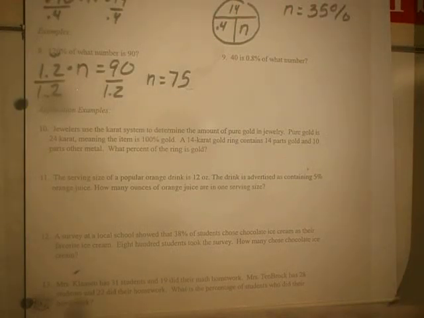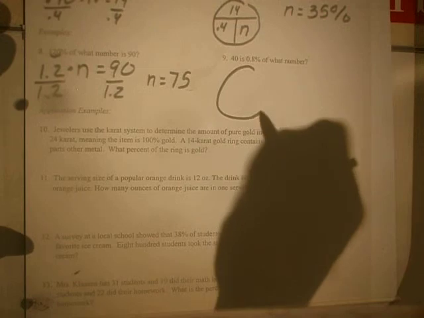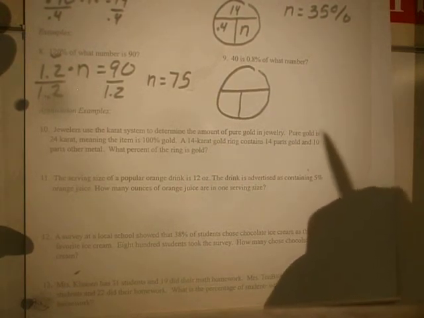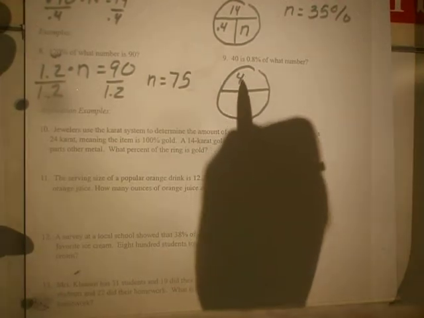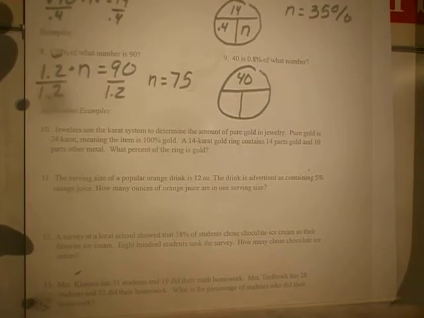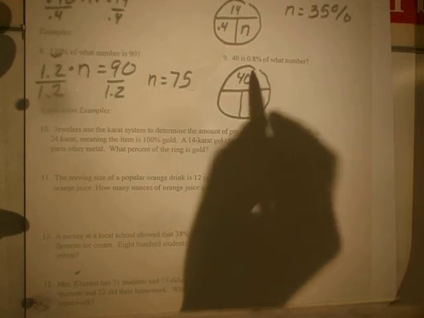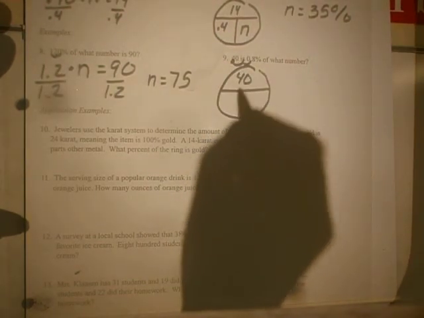And number 9, I'm going to use the circle part. 40 is, so that's going to go up there. It's the "is" or the equal. 0.8%, we need to change that to a decimal. So we need to move that decimal point 2 places to the left.